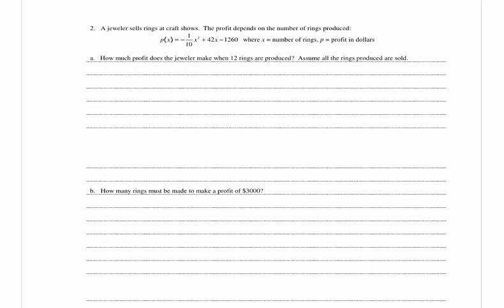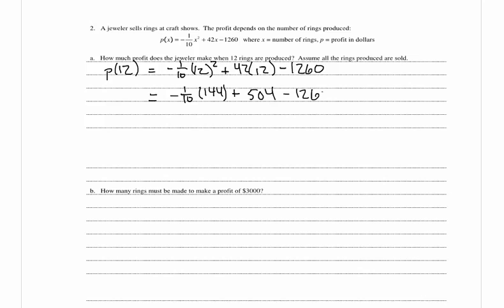So in order to find how much profit when we produce 12 rings, we're going to plug 12 into our profit function. So we're going to find P of 12, and that's equal to negative 1/10 times 12 squared plus 42 times 12 minus 1,260. And this is equal to negative 1/10 times 144, plus 42 times 12 is 504, minus 1260.